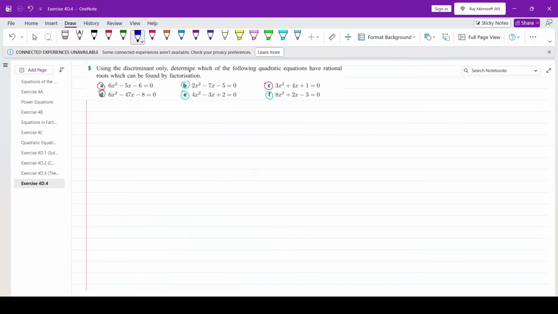Using the discriminant only, determine which of the following quadratic equations have rational roots, which can be found by factorization. So there is one rule: if the square root of the discriminant is rational, then the roots are rational.